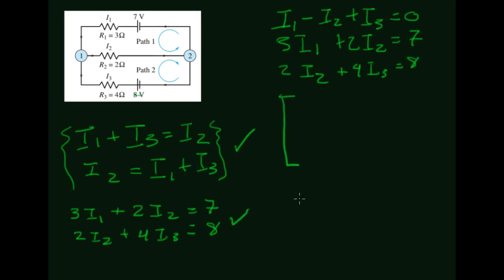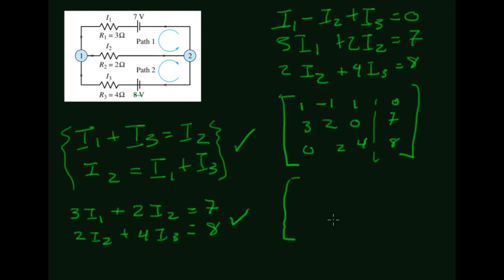I've met the two parts of Kirchhoff's law, the network requirement and the Ohm's law requirement, and now we start building the augmented matrix for Gauss-Jordan. 1, negative 1, 1, 0, 3, 2, 0, 7, 0, 2, 4, 8. And if you MATLAB that, you're going to come up with this nice, neat result.